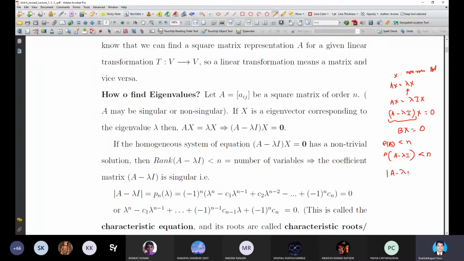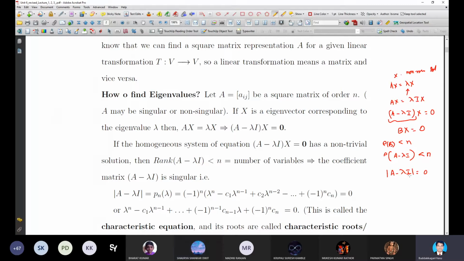Because the highest minor, the nth order minor, is 0 because the rank is less than n. Nth order minor being 0 means the determinant of the matrix is equal to 0, right? Yes, sir.